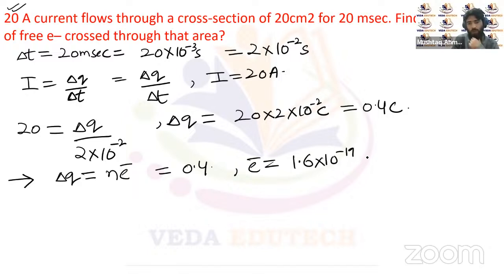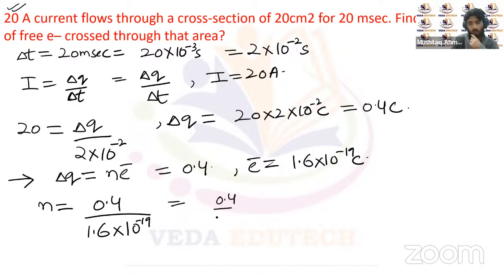Now we can get the number of electrons, which will be equal to 0.4 upon 1.6 into 10 to the power minus 19. So it will be 0.4 upon 1.6 into 10 to the power 19.